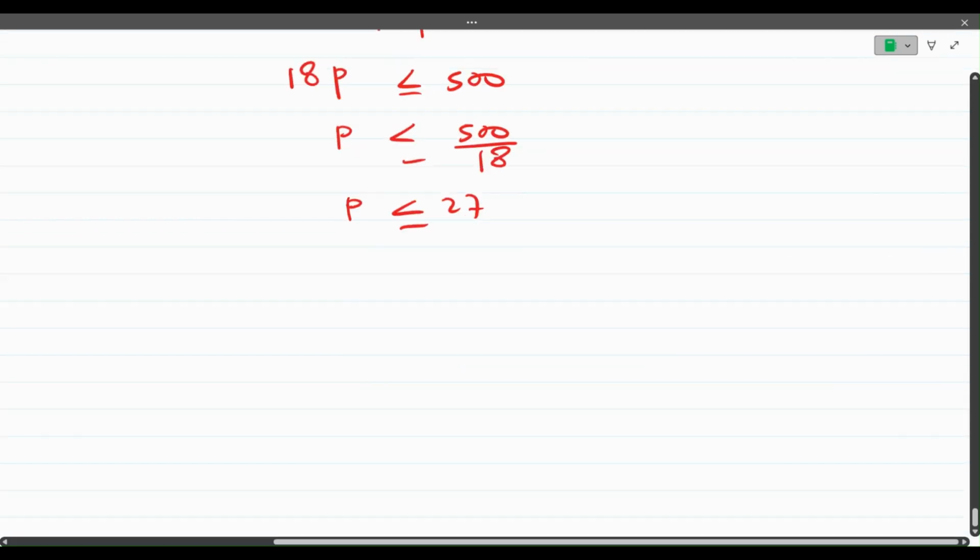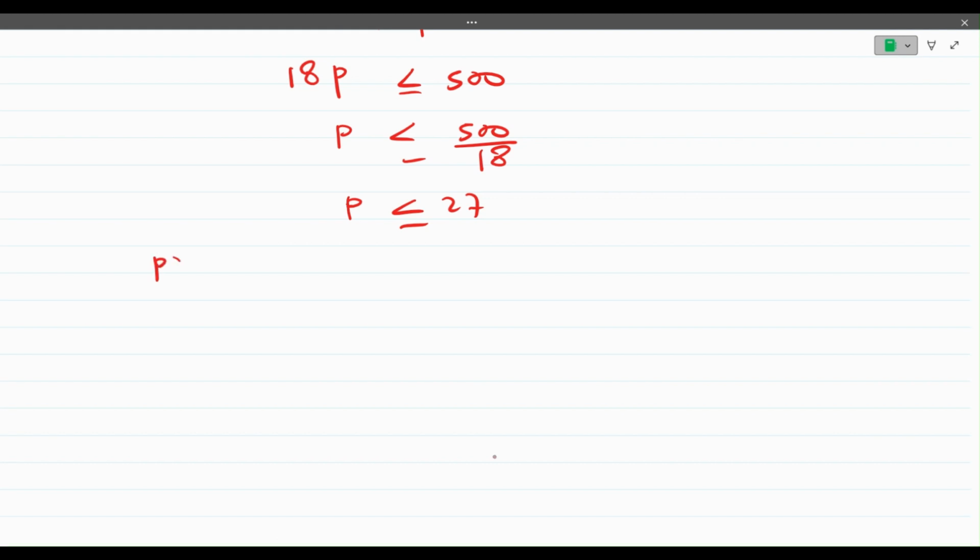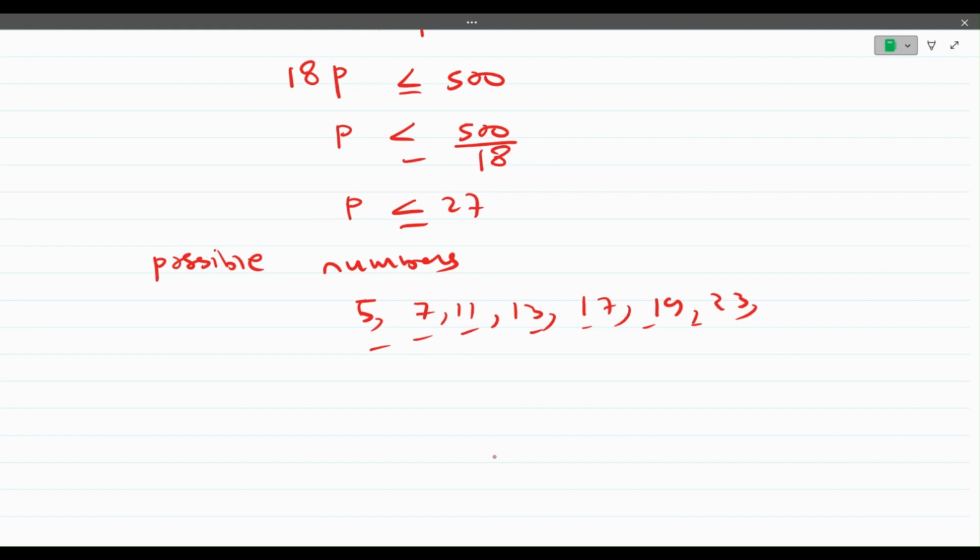It means all the prime numbers except 2 and 3 which are smaller than 27. So what are the possible numbers? 5, 7, 11, 13, 17, 19, 23. Okay. So that's 1, 2, 3, 4, 5, 6, 7. So there are 7 prime numbers which can replace p if it has exactly three factors, right?